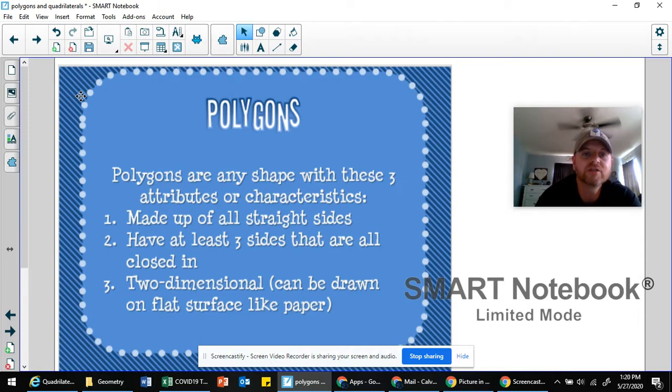So polygons are a very large category or group of shapes. There are many different shapes that belong to that polygon group, and it can be broken down into what we can call subcategories or smaller categories.